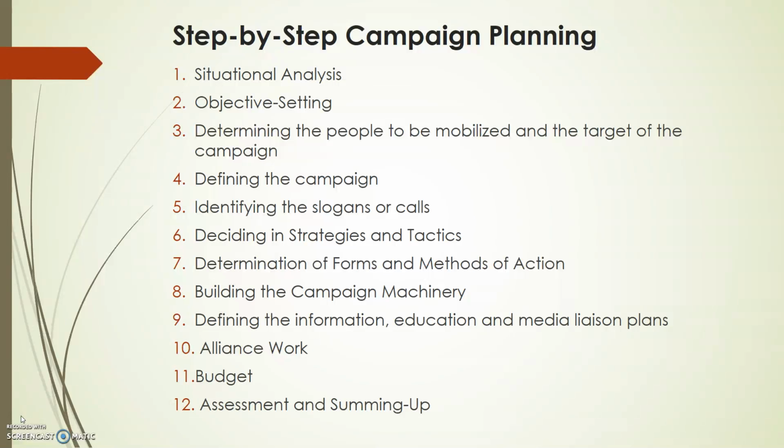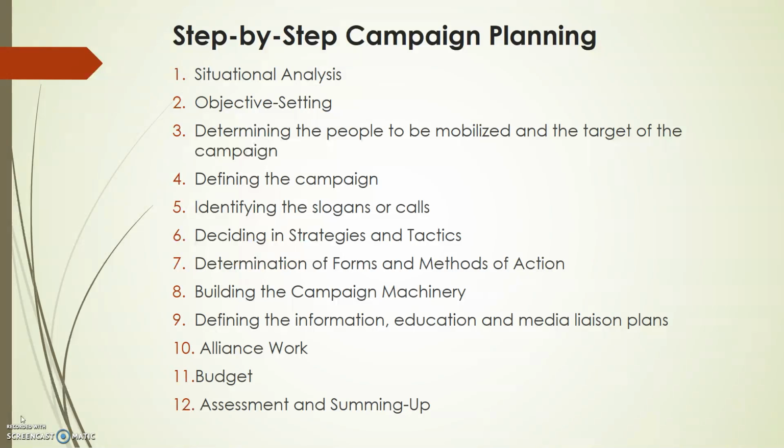There are 12 steps. First is a situational analysis, followed by the objective setting, then determining the people to be mobilized and the target of the campaign. Next would be defining the campaign, then identifying the slogans or calls, then deciding on strategies and tactics to be used. Then after that would be the determination of forms and methods of action.